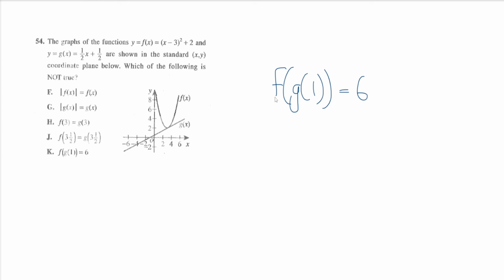When I plug in 1 into g, you mean? Okay, so then that's really the same as f of 1 if g of 1 is 1. And is f of 1 equal to 6? Yeah, so that's good. Right.